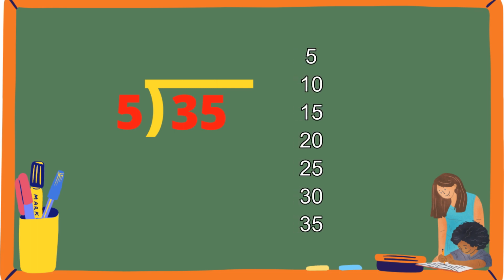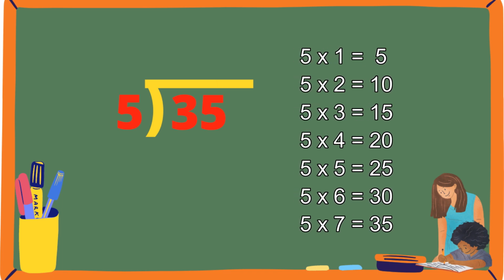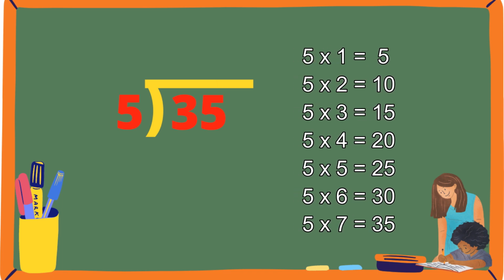Step 1. Recall the table of 5 to find the answer or the quotient. 5 ones are 5, 5 twos are 10, 5 threes are 15, 5 fours are 20, 5 fives are 25, 5 sixes are 30, 5 sevens are 35.